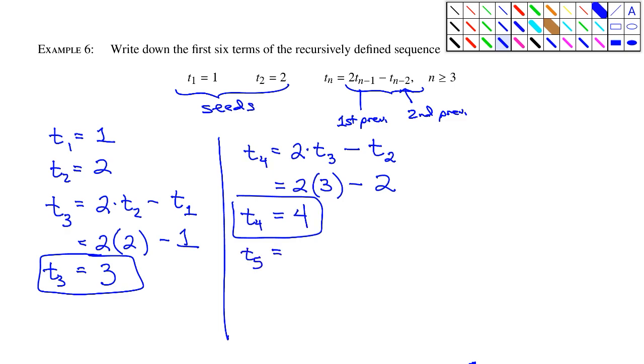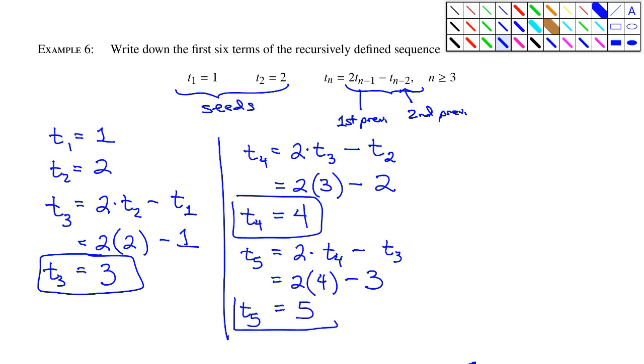T sub 5 would be 2 times T sub 4 minus T sub 3, which is 2 times 4 minus 3, which is 5. So there's a pattern here. And then lastly, T sub 6 is equal to 2 times T sub 5 minus T sub 4.